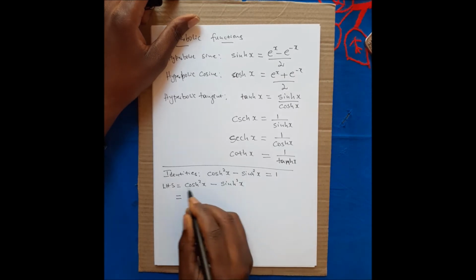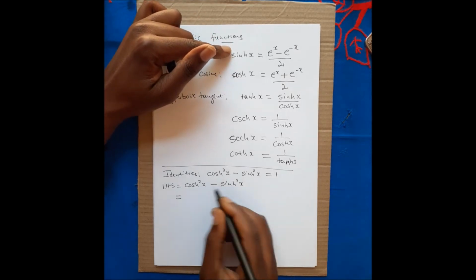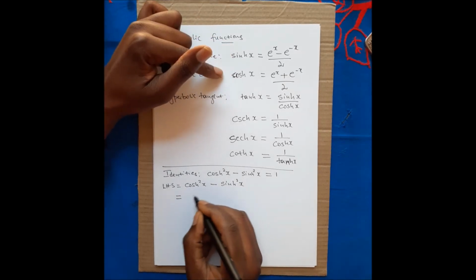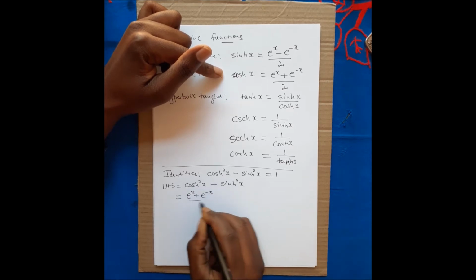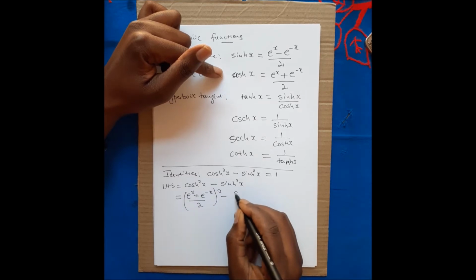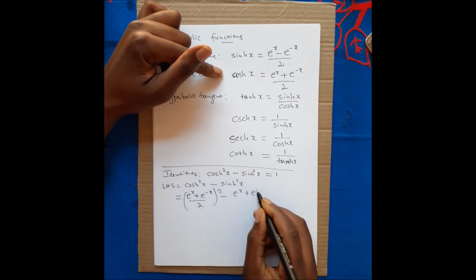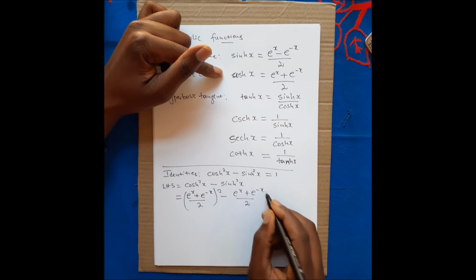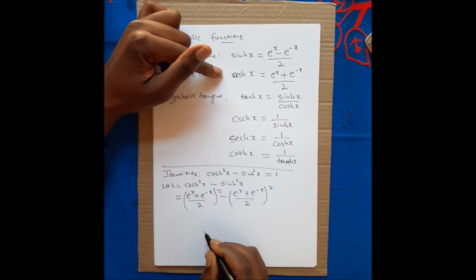Using the definition, we will write e to the power of x plus e to the power of minus x over 2, and then we square this, we subtract e to the power of x minus e to the power of minus x, divide this by 2, and then we square that one.